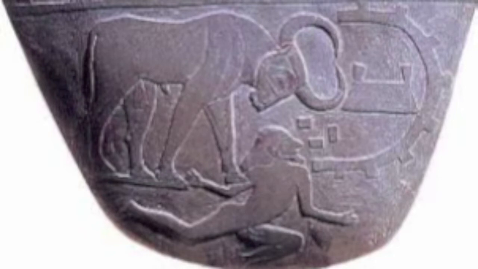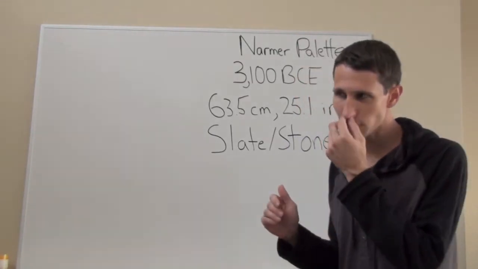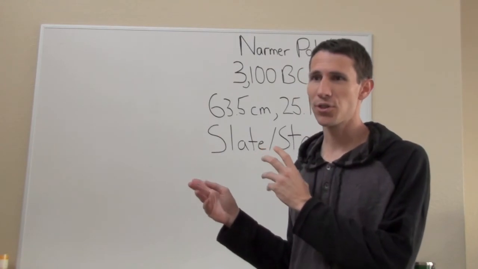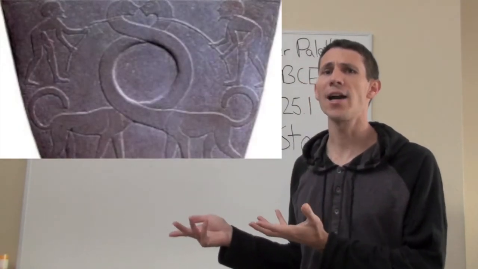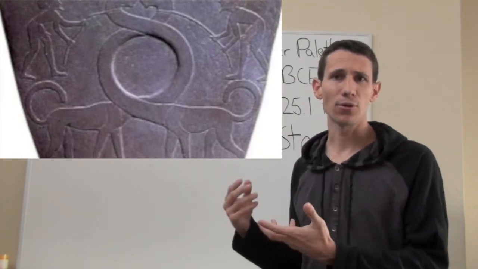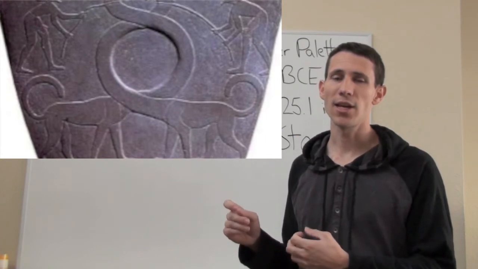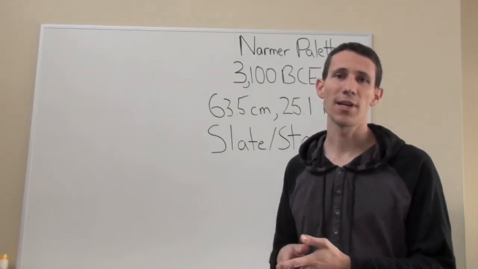And then as you move your way up to the middle register, you have a really strange set of images. You have two bizarre creatures that appear to be lions, but they're really not. They're a mythical creature, and we actually find the same image in some Mesopotamian accounts.